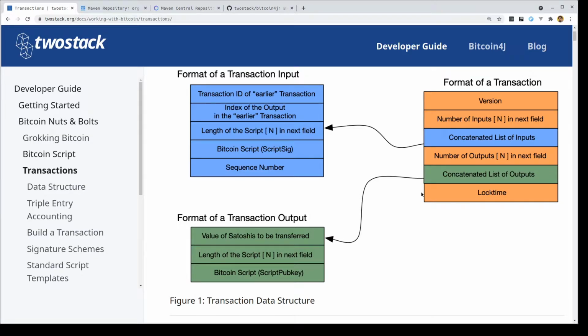Inputs and outputs are essentially also referred to as unlocking and locking conditions respectively, or spending and locking conditions. When we moved funds from the Bitcoin wallet to Alice's wallet, that's one way of saying it.